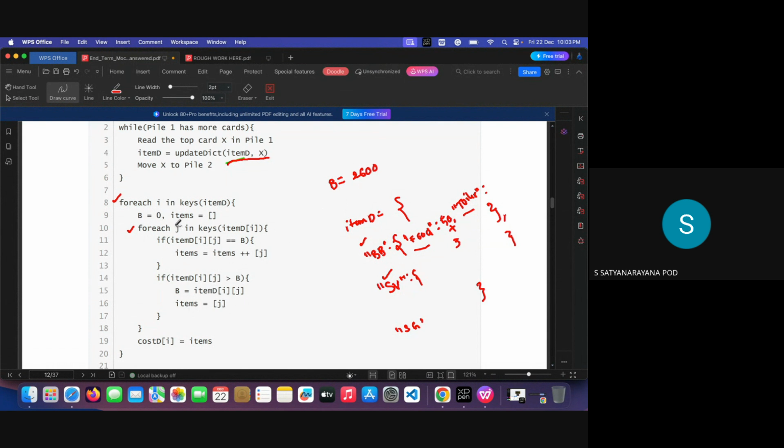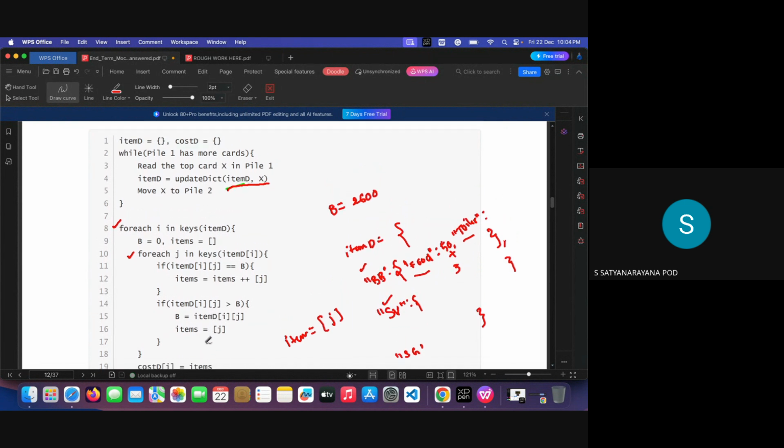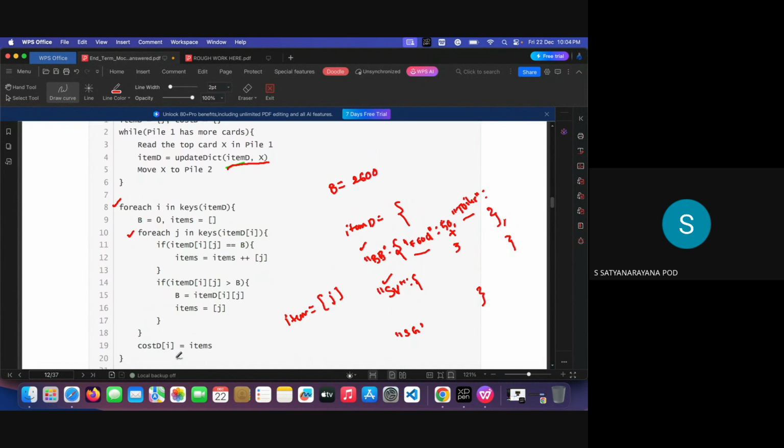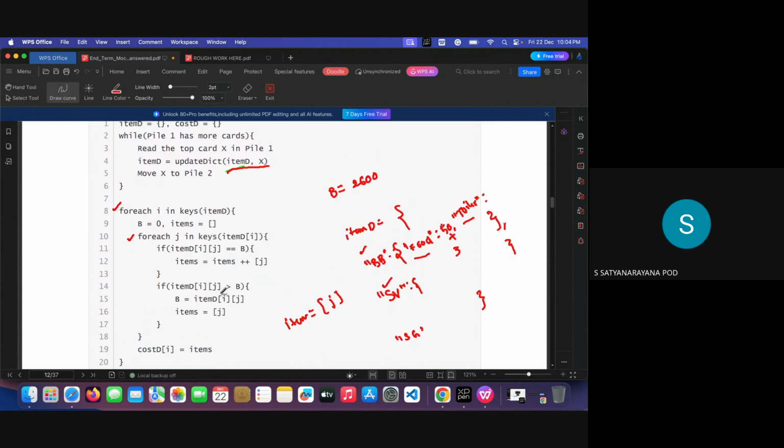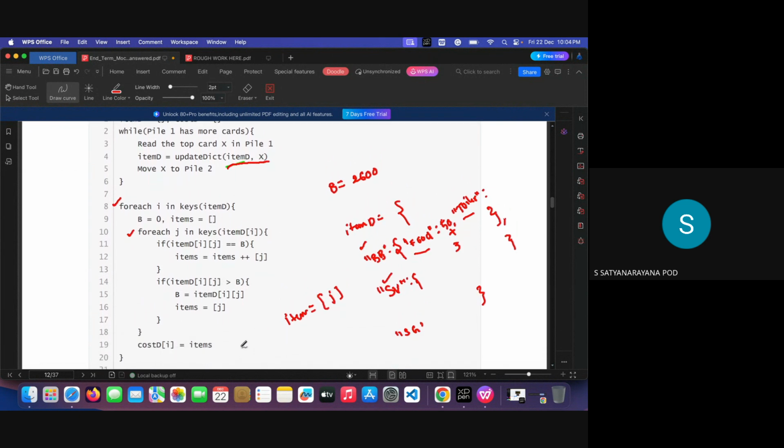So what is this items? It is an empty list. This is updated with whatever item name you are taking. Maybe this food has the highest cost, it is added. Toiletries highest cost is there. This particular items is updated, and all these costs are maintained by a list called cost D. What does cost D maintain?